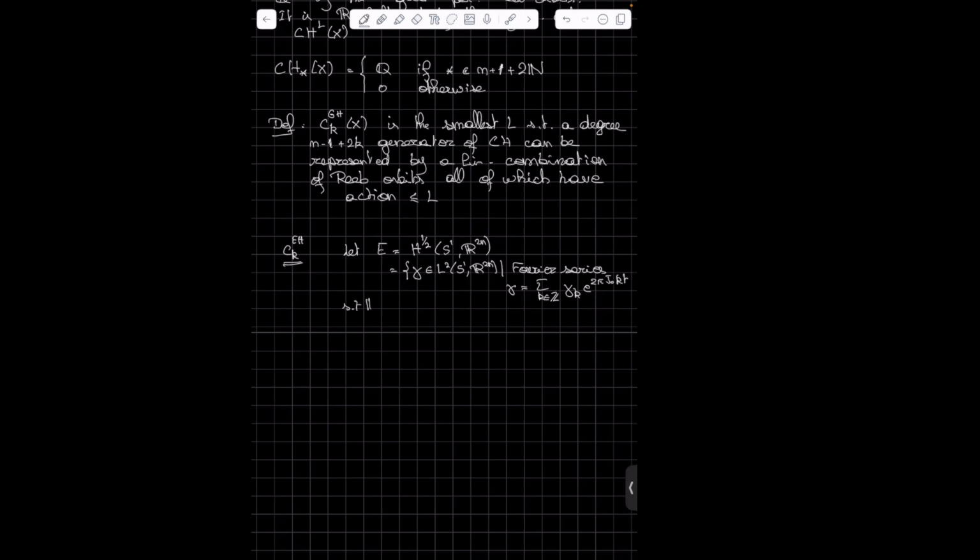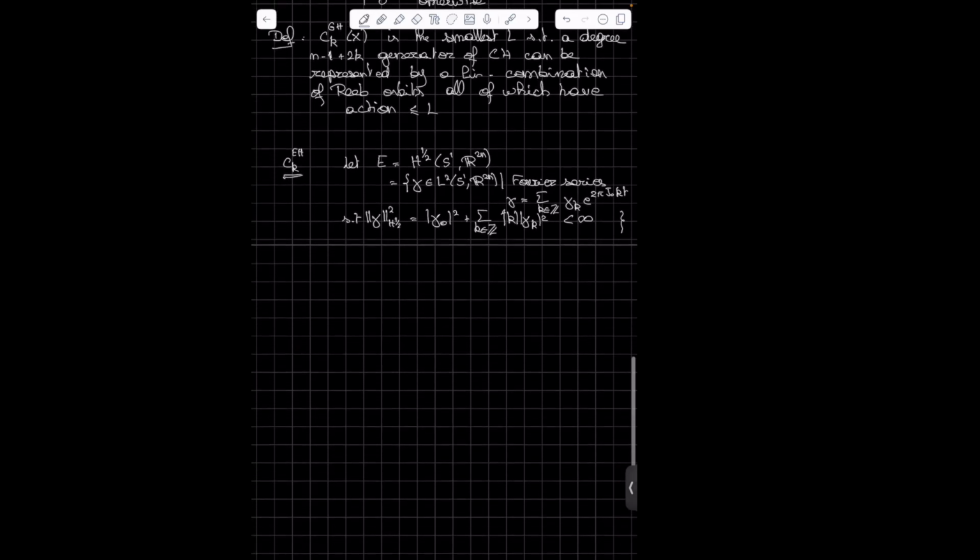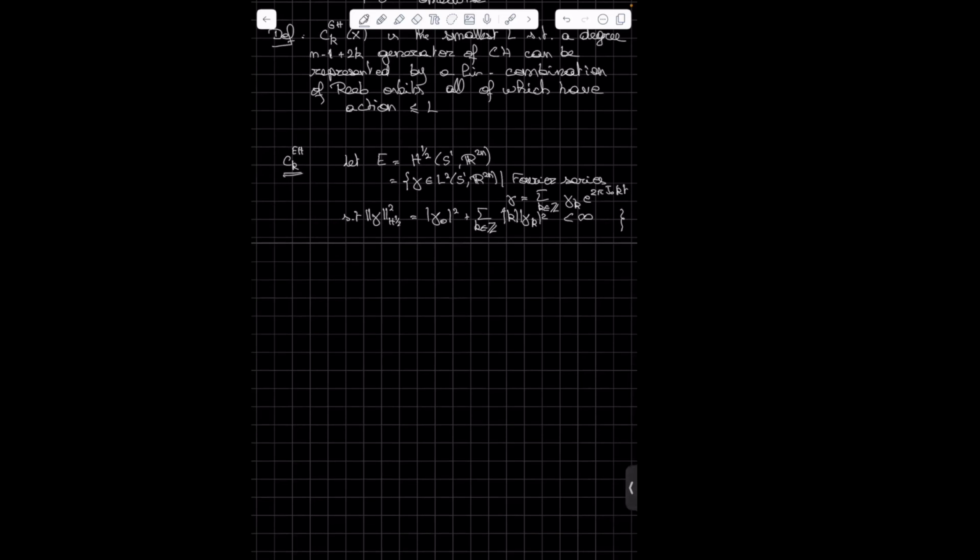So, let me take the square of that H^{1/2} norm. This is gamma_0 squared plus the sum over all integers k of absolute value of k times gamma_k squared, which you want to be finite. That's H^{1/2}. And H^{1/2} admits an orthogonal splitting with respect to this Fourier decomposition into positive, zero, and negative frequencies.